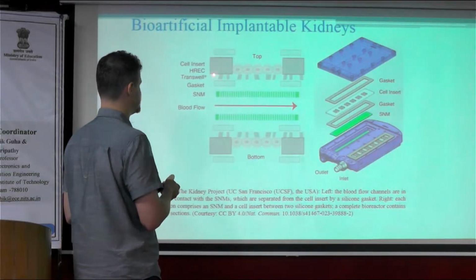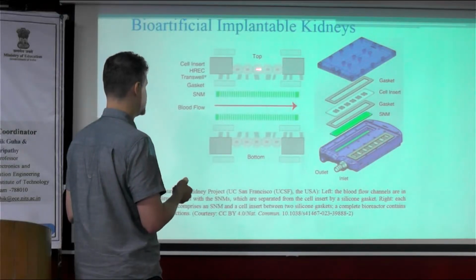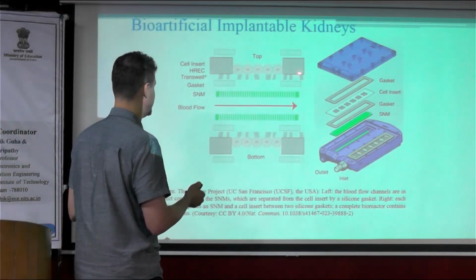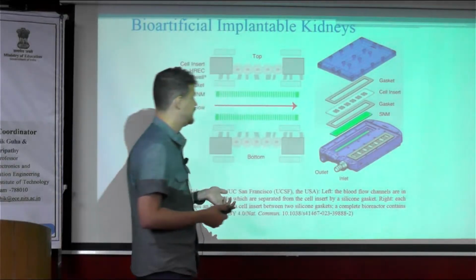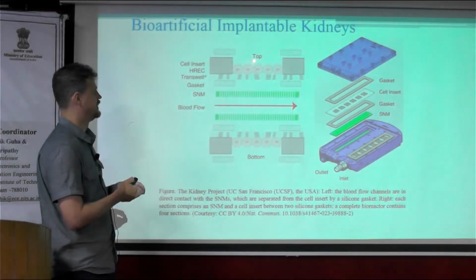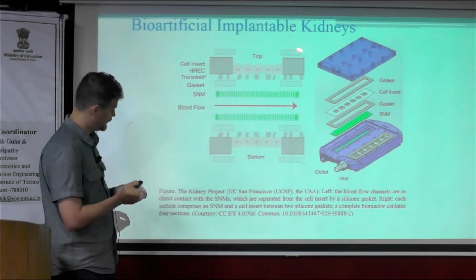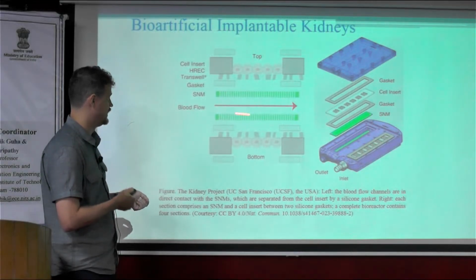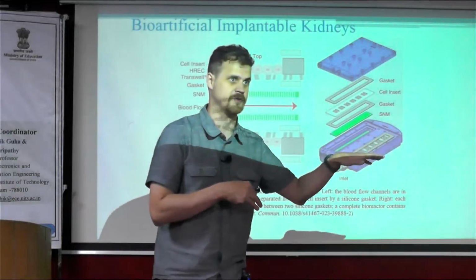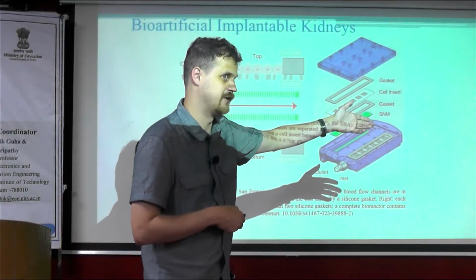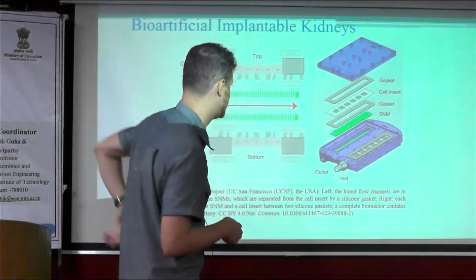And you can notice that on top we have the biological cells, and they are separated by another membrane. So why exactly is that the case? The problem is if we have a direct connection between the biological tissue and the patient's blood, there is always a chance that there will be an immune reaction to the biological cells that we introduce in this apparatus.